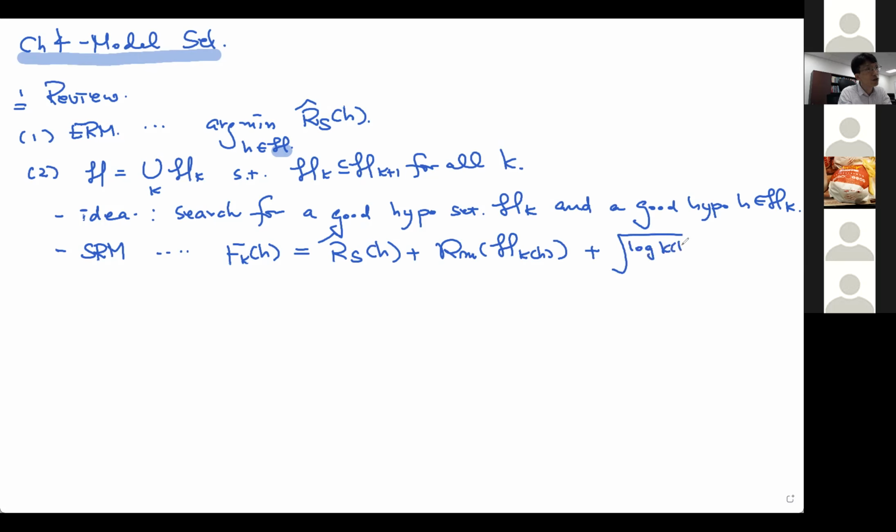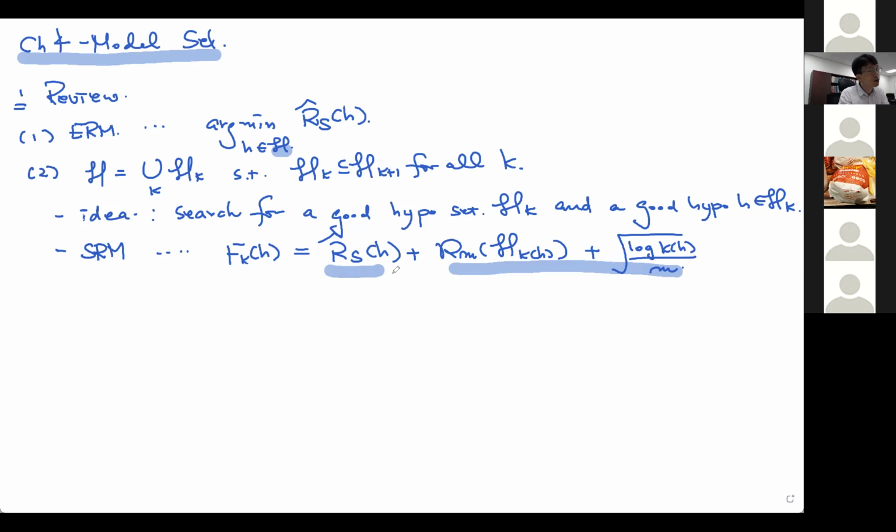The first part, in a sense, tries to minimize the errors with respect to the sample. And then the second part tries to find the simplest but good enough hypothesis set. So it gives a balance on the complexity of the hypothesis.